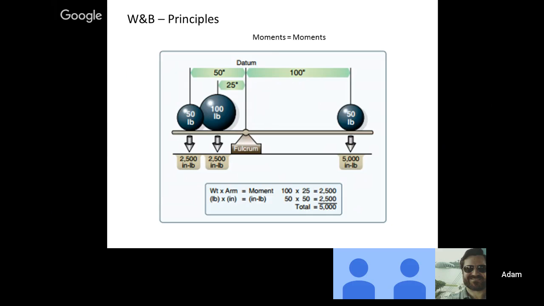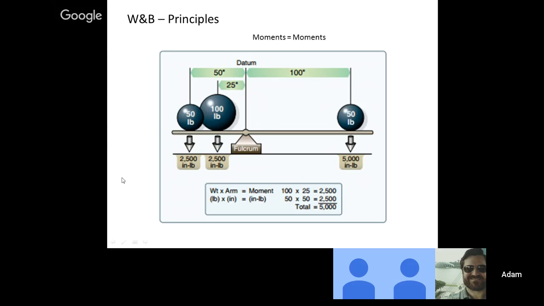The written test will have examples like, you're given this example here, find the distance, find the 100-inch distance, or how much weight has to be 100 inches away to balance the seesaw. And then the second way that they'll expect you to understand it, of course, is on an actual aircraft loading example.